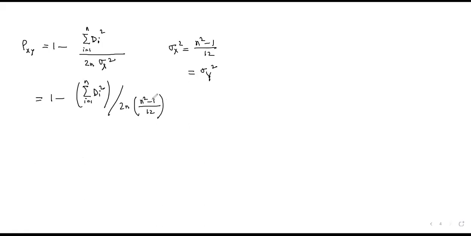So 2 will cancel 12 and we'll get 6. And from this expression, we are ultimately getting rho xy to be 1 minus 6 into summation di squared by n into n square minus 1.